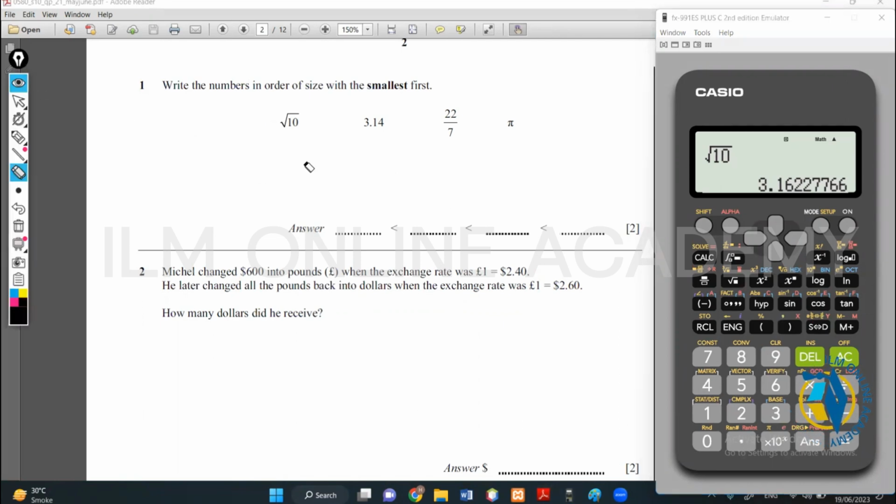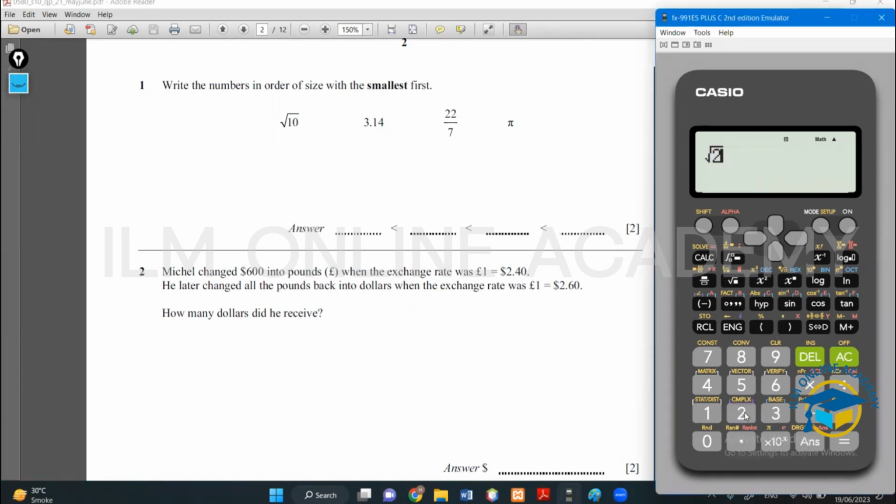So here we have 3.16, then 3.14, and then 22/7, and the exact value is 3.1428. So we will round it off. So the value would be 3.143, I guess.